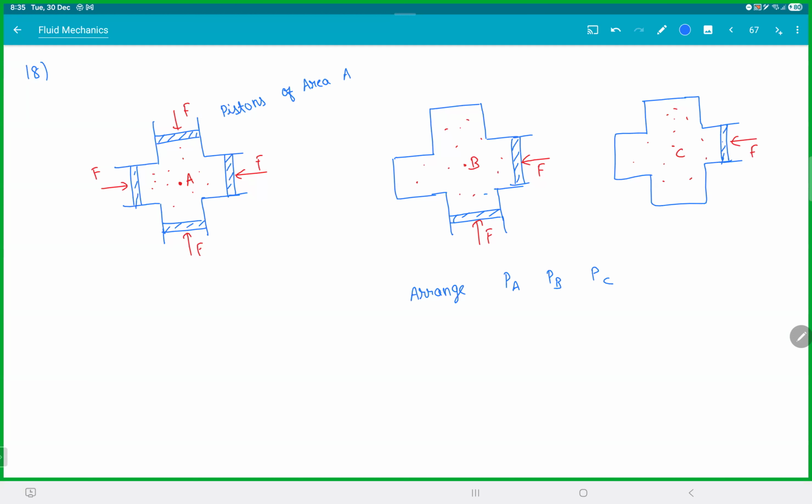So what are the answers for this? Now you need to understand something. Even though it looks like there are four forces, there are two forces and one force, right? If you just draw the FBD of the liquid, you will notice something.